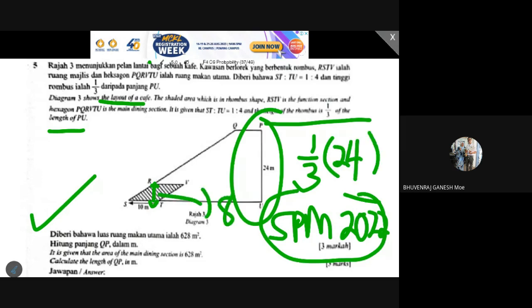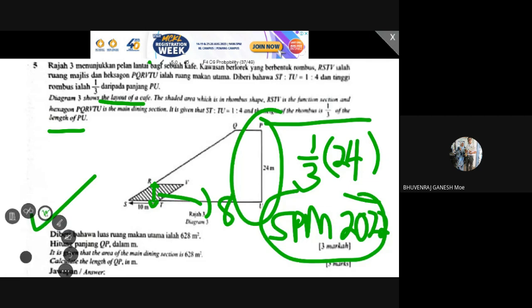Okay guys, now do you have any method to calculate the diagonal of the rhombus? In BM, diagonal is called perpenjuru, I think. I forgot. Diagonal of this rhombus, do you have any method? Can you tell me?